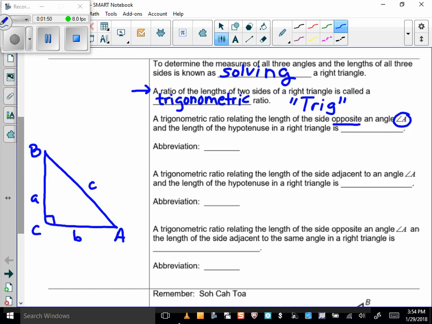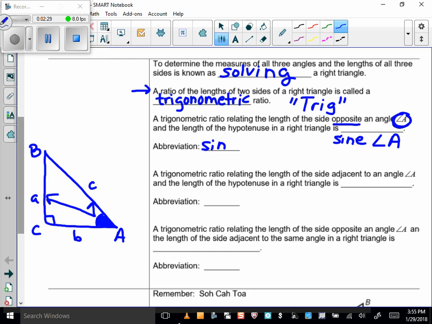We're using this angle A here, so we're going to call that our reference angle for setting up our trig ratios. If we're talking with respect to a certain angle, that's our reference angle, and we're using angle A for these three definitions. If I relate the opposite side, so that side over there, to the hypotenuse, that's called the sine of angle A. We abbreviate it sin, but we still call it sine, so please don't call it sin.